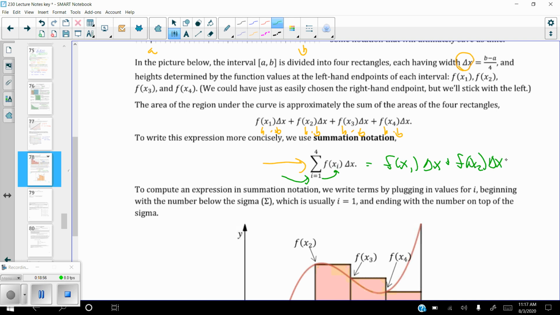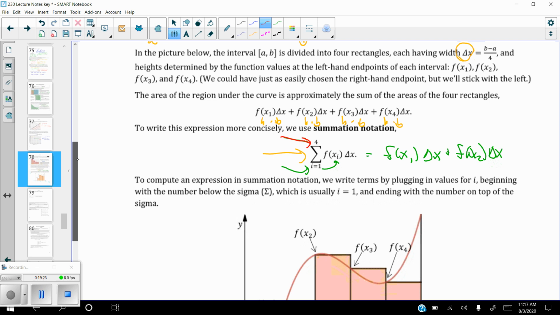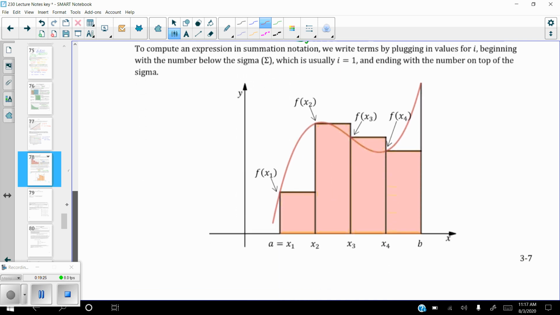And you would do that up until you get to that number, which is 4. You always count by ones. The counters don't count by 0.5s or anything like that. It's always whole numbers. And you would go up to 4. So you would have f of x sub 1 delta x, f of x sub 2 delta x, all the way out to f of x sub 4 delta x. If that number was 7, then you would go up to 7 and so forth. We'll do an example of that when we get to the next page.